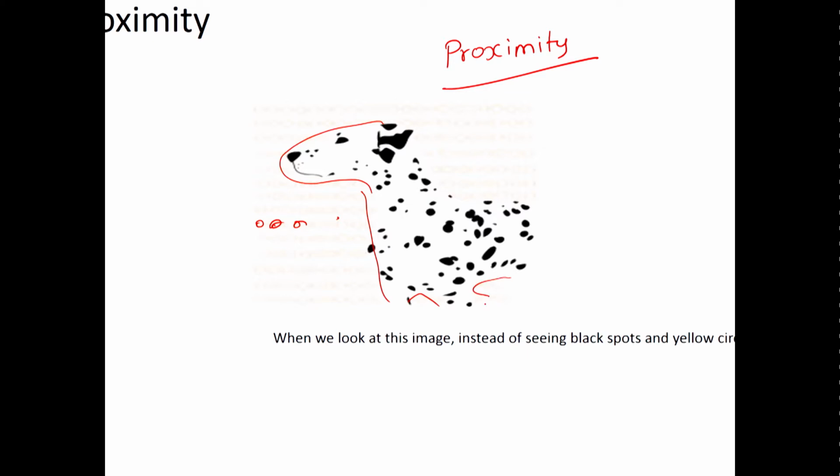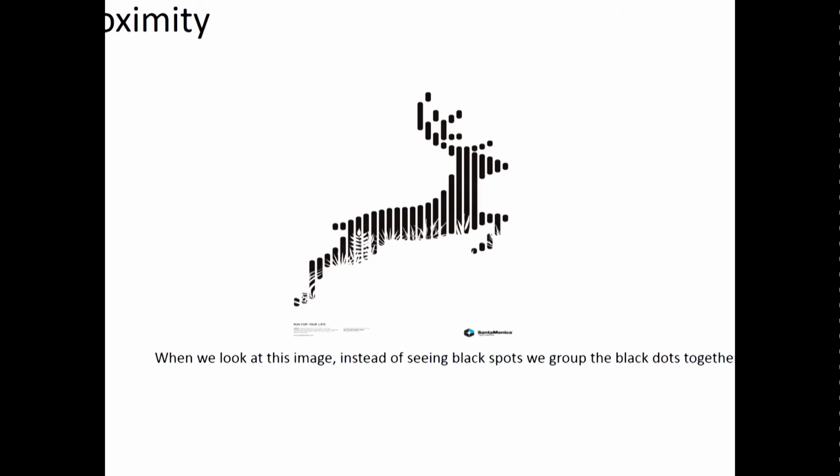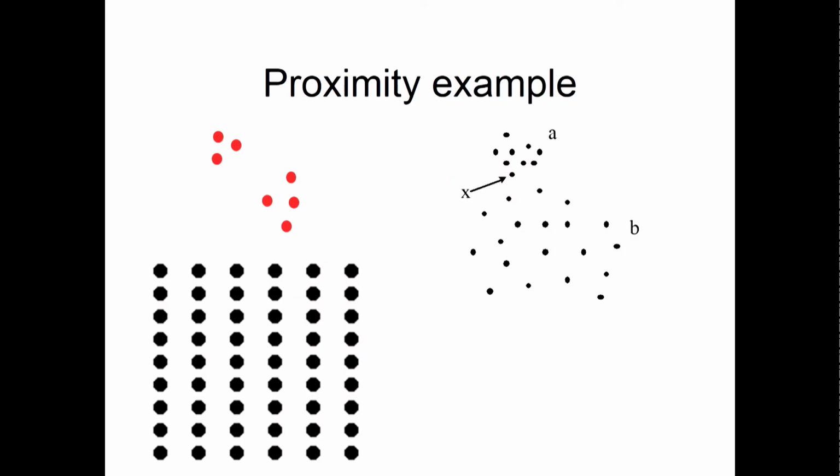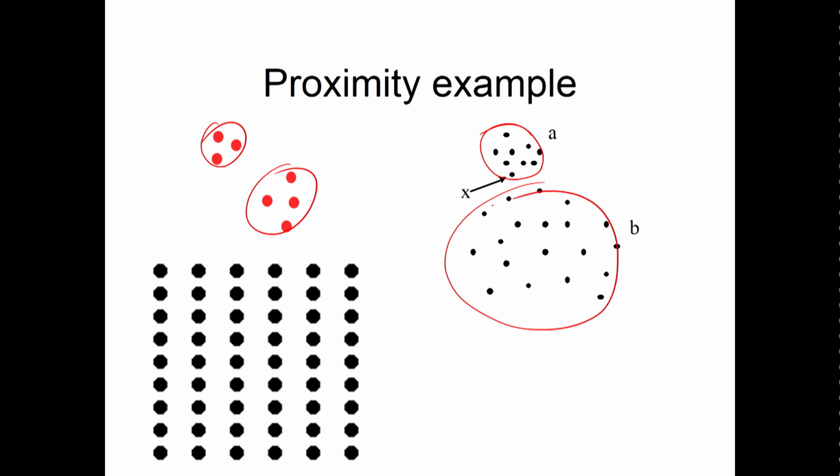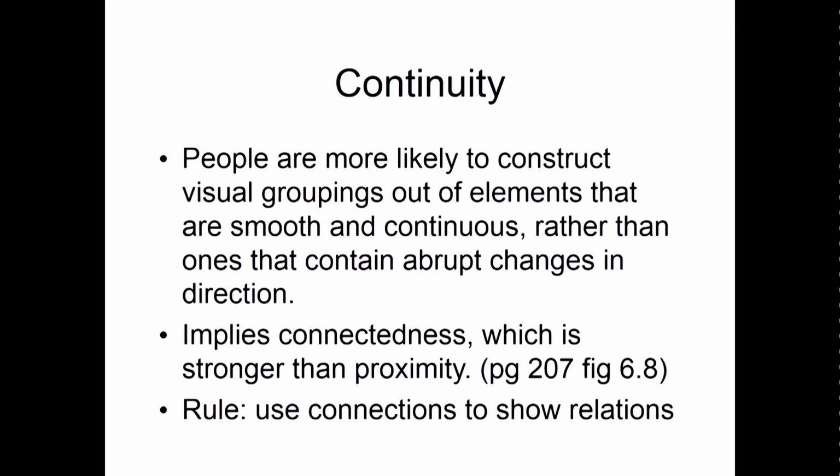Can you see the dog over here? When we look at this image, instead of seeing black spots, we group the black dots together and we see the deer, again based on the color, the shape, or the separation. Those are proximity examples.